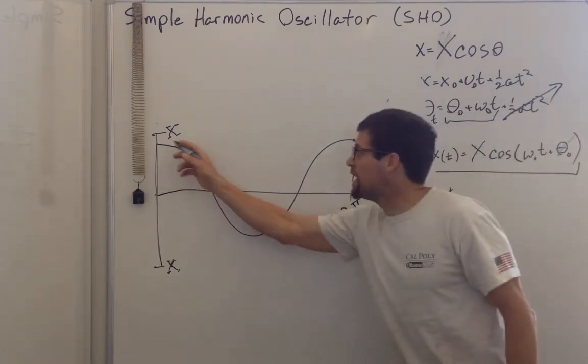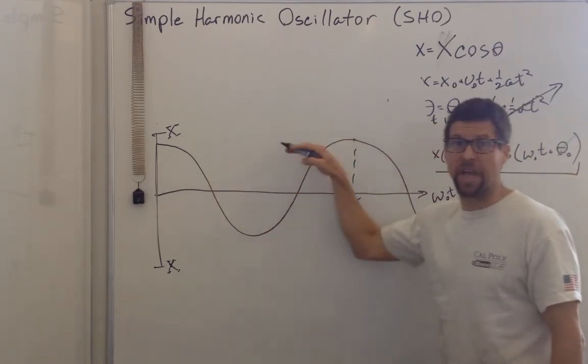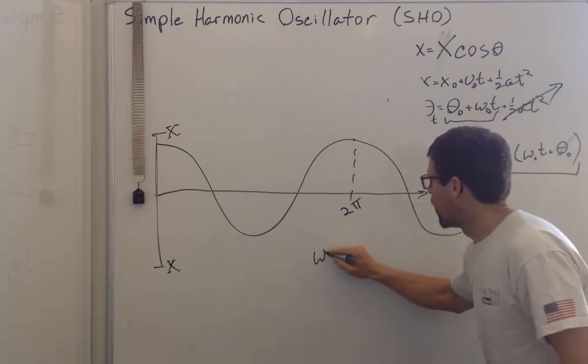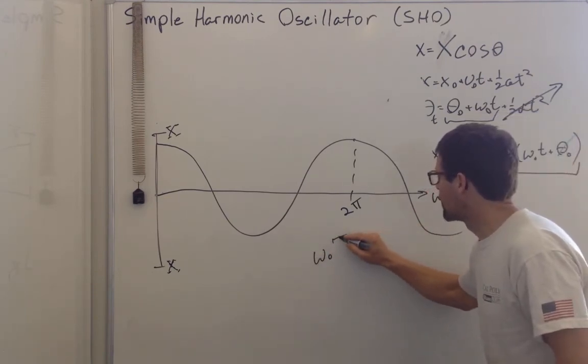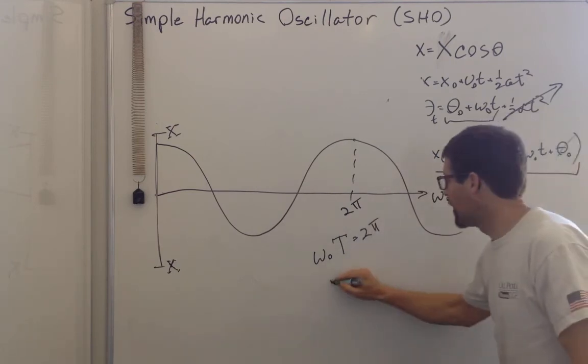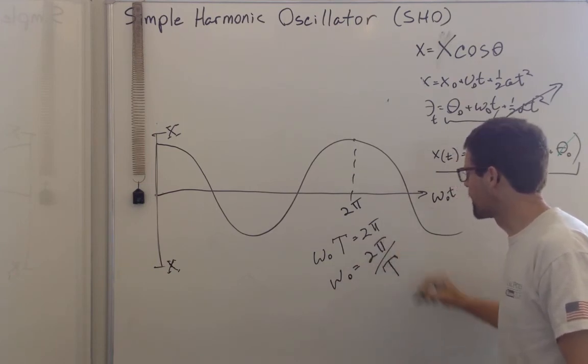And so we could see that the measurement to come back to where you are, that would be one complete cycle, or one period, T, is defined by omega naught times that one period is equal to 2 pi. Or omega naught is equal to 2 pi over the period.